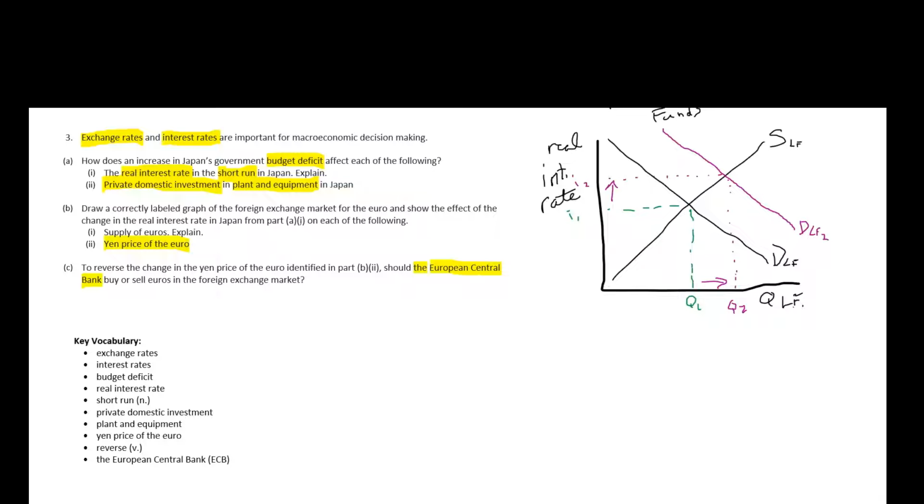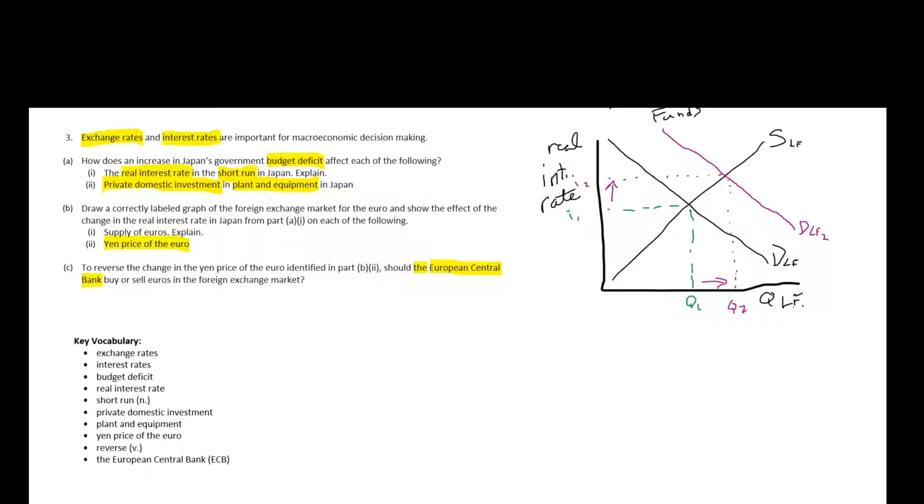So if we increase the interest rate, we get this crowding out effect. And that means we get a higher interest rate that makes it more expensive for companies to borrow. So that means they need a higher rate of return on projects. So projects means things that they would invest in.